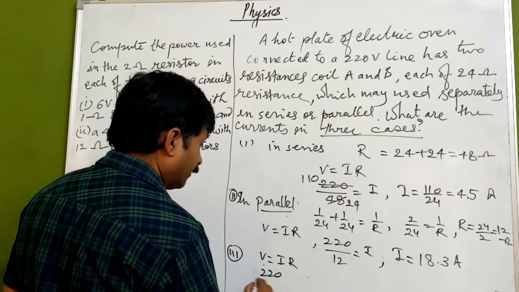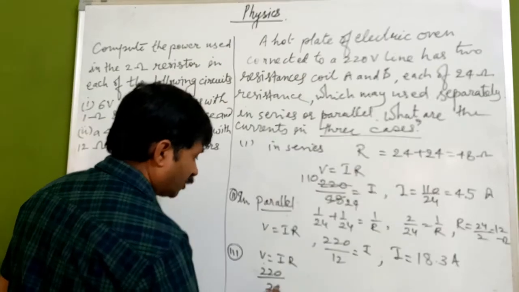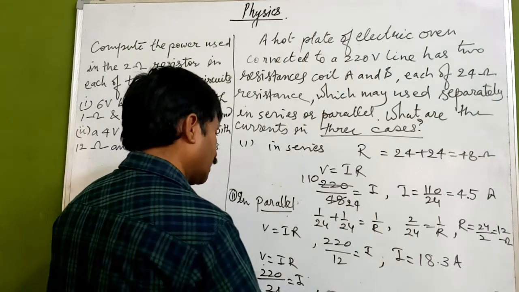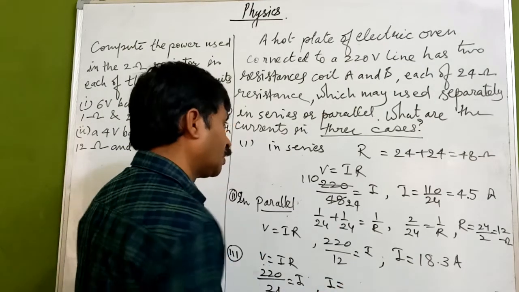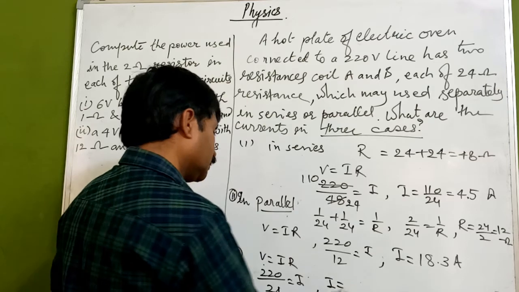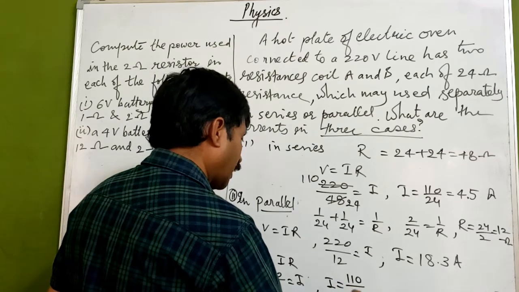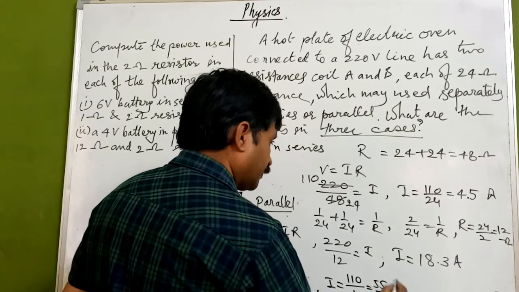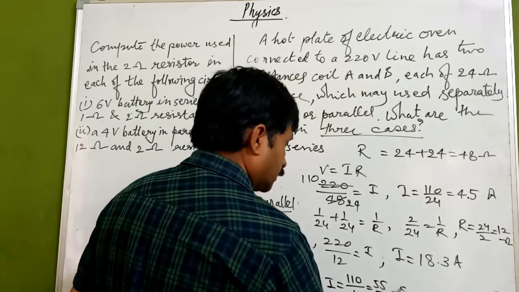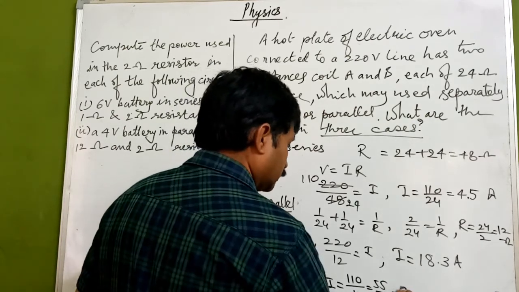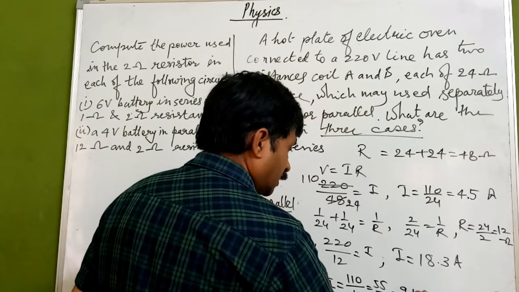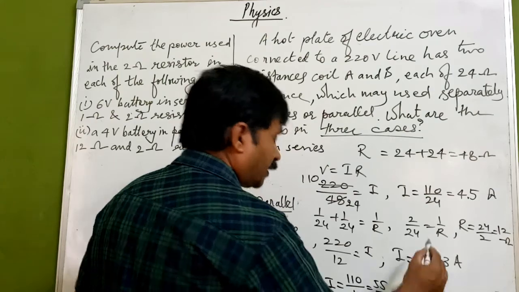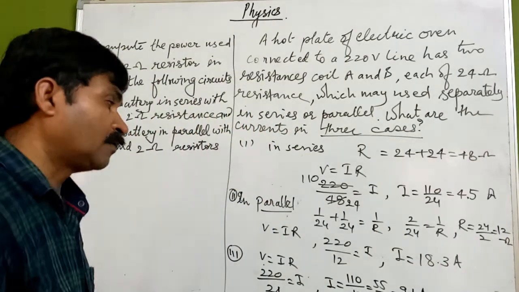So 220 divided by 24 is going to be I. I is equal to 220 upon 24, that is 110 upon 12, or we can say 55 upon 6, which is 9.1 ampere.